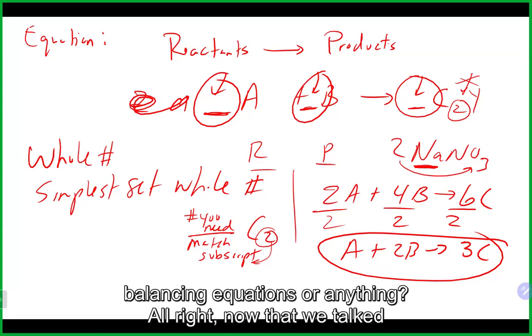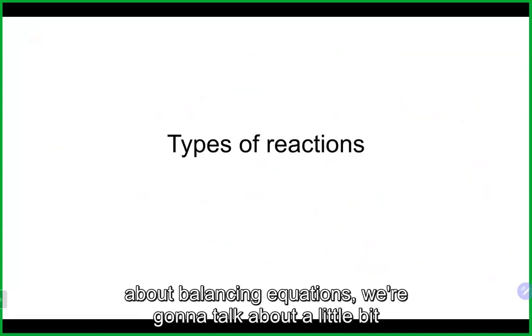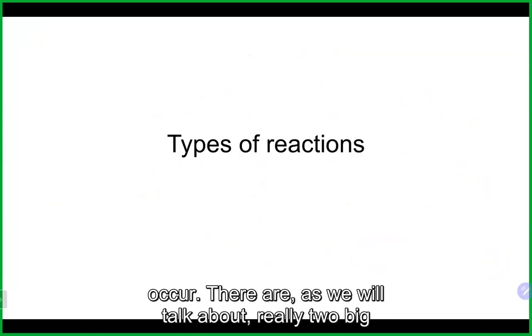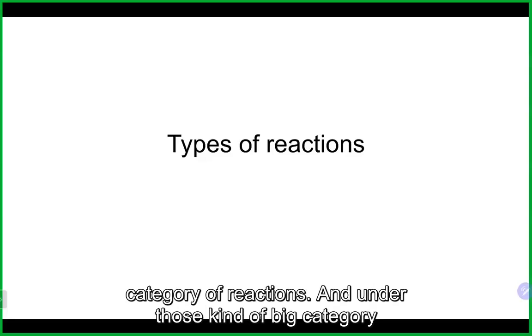All right, now that we've talked about balancing equations, we're going to talk about ways to classify reactions, or types of reactions that occur. There are really 2 big categories of reactions.